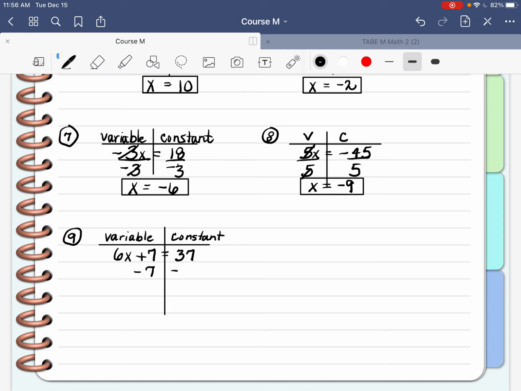So I will subtract 7 from both sides, cancel, copy, divide the coefficient away, cancel, copy, and the solution is x equals 5.